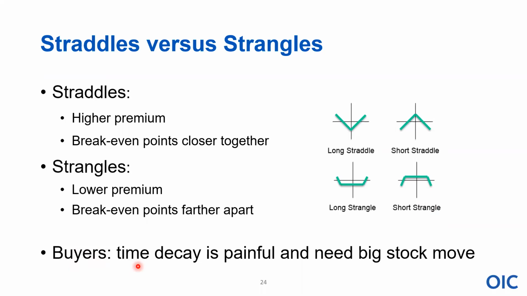For buyers, this is a classic difference between buyers and sellers. Buyers know that time decay is working against them, and contractions in implied volatility are working against them, and buyers need the movement in the stock to be to such a great extent that they can overcome that.